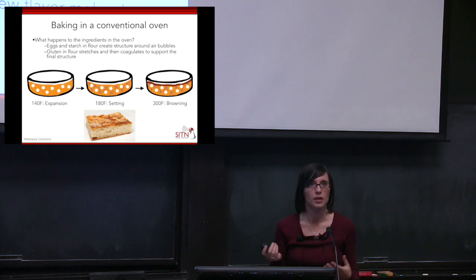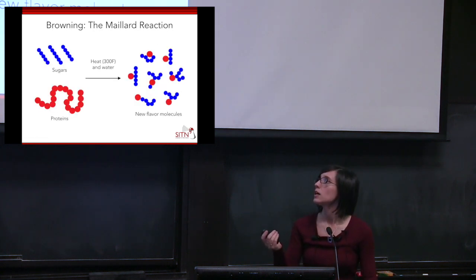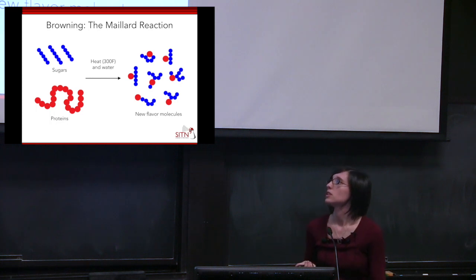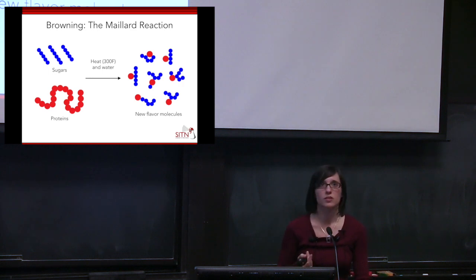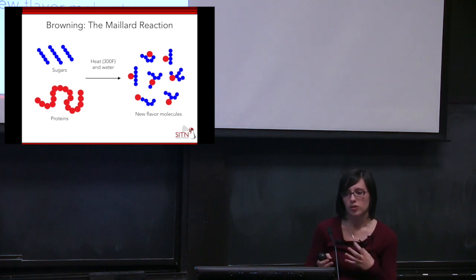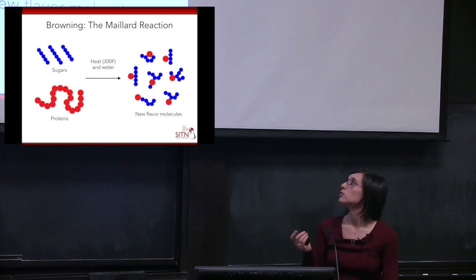In a baking oven, you're usually baking around 350 to 400 degrees. There are sugars, whether added or present in your bake, and proteins such as from the egg or from the gluten in the flour, which interact with each other and undergo chemical reactions that lead to the formation of new molecules that introduce new flavors.